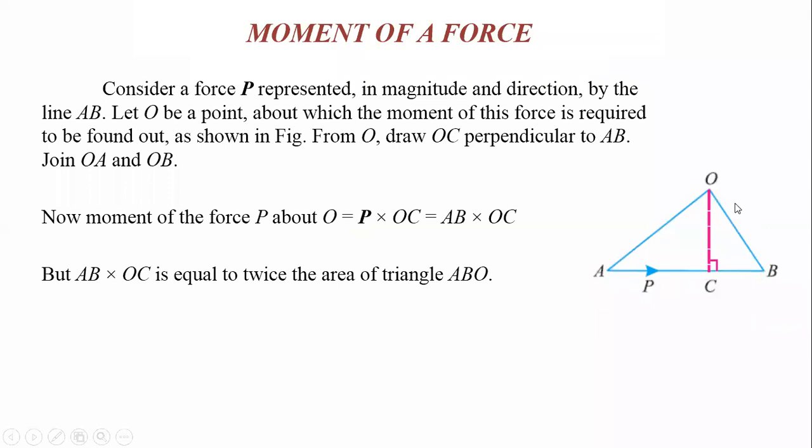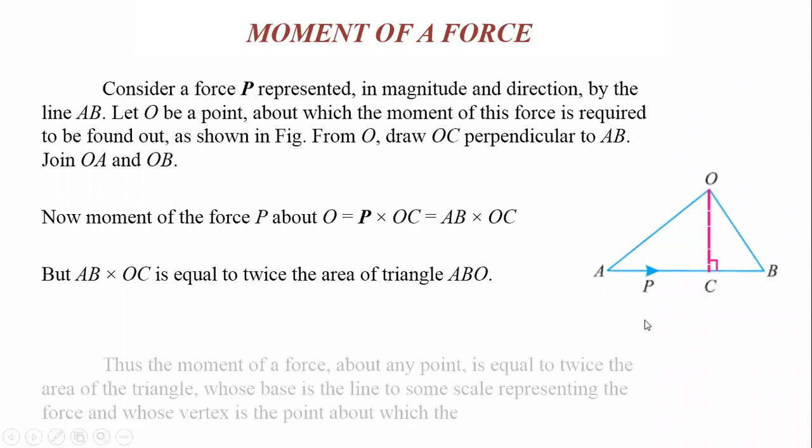It means that side AB into OC is twice the area of the triangle, the product of these two as per the geometry.